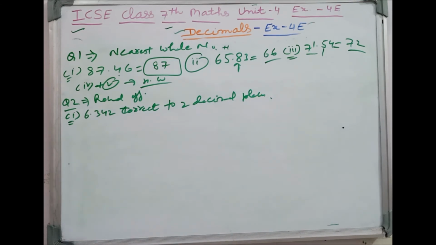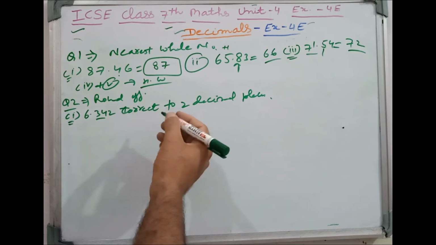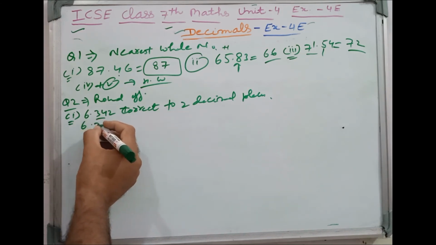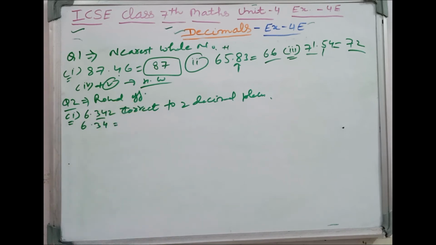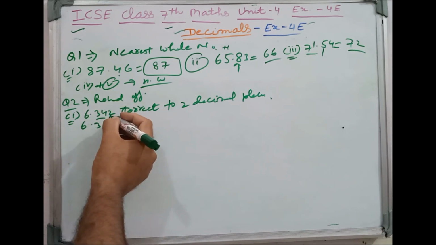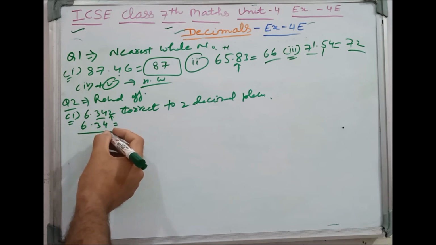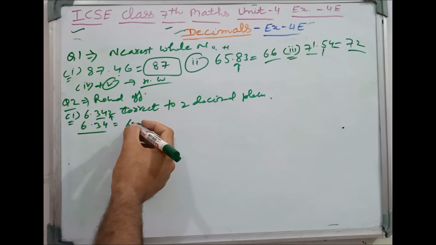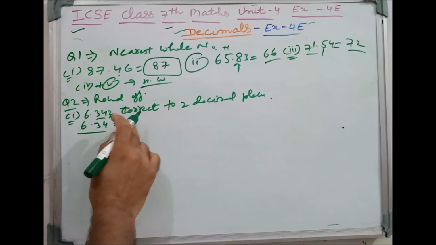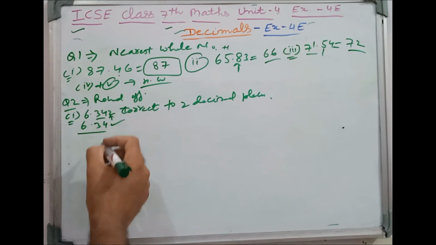Here 2 decimal places means 2 zeros, 100. So we will take 6.34. Now see, is the third digit more than or less than 5? This is less than 5, therefore no change. So our answer will be 6.34. This is our answer.